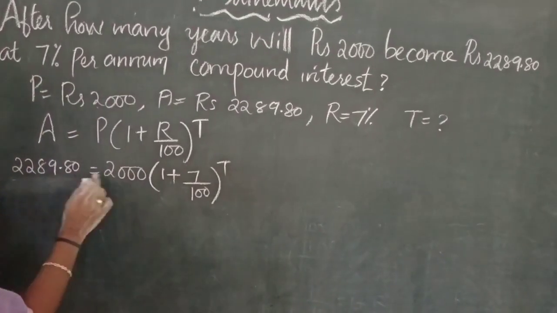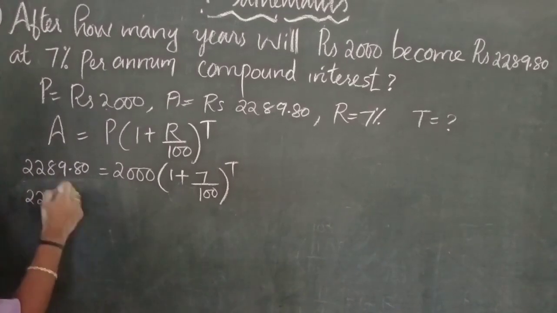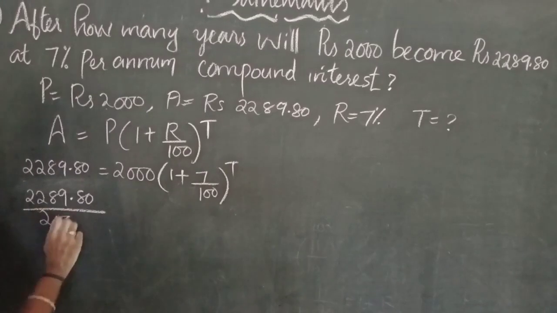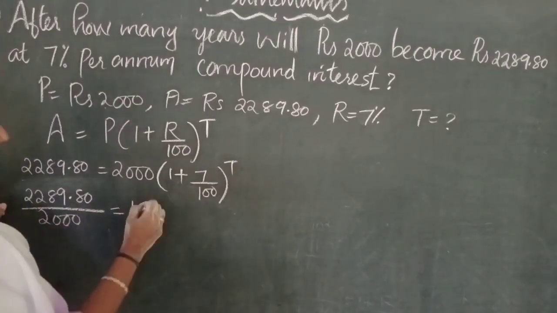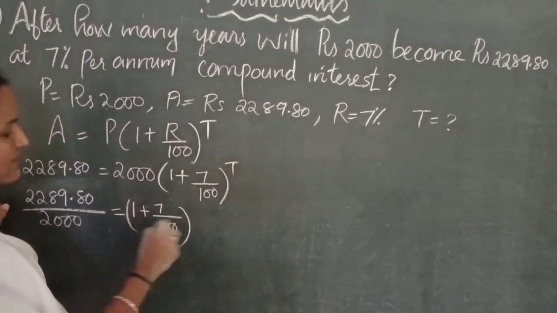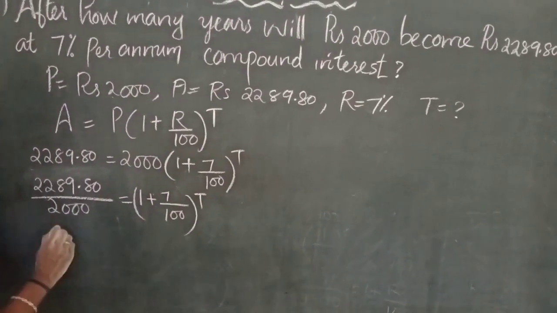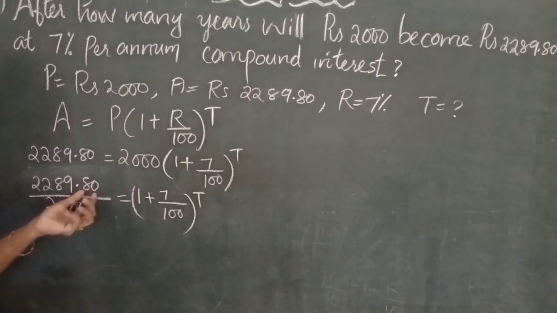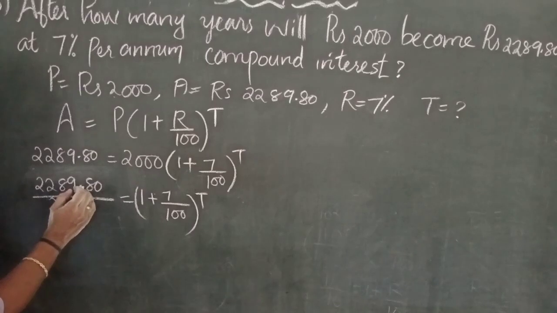So 2289.80 divided by 2000 is equal to (1 plus 7 by 100) the whole power T. Here decimal is there, okay. So here 2 decimals from the right.